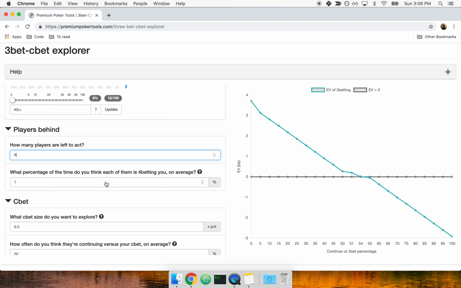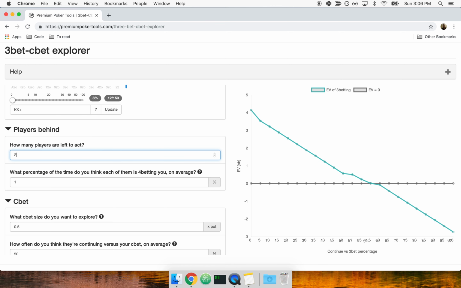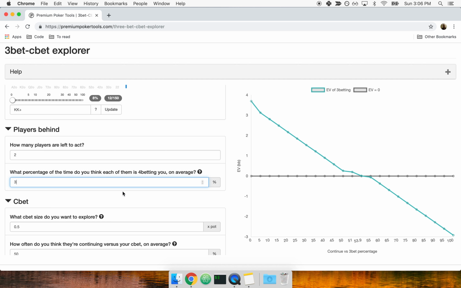And that's because each of them is 4-betting so infrequently. So when they have such trivial 4-bet ranges, it doesn't really matter how many people are behind you. You don't have to worry about them so much. But let's say now we go back to the button and we say that they're 4-betting 3% of the time, so that's like a jacks plus, ace king kind of range.